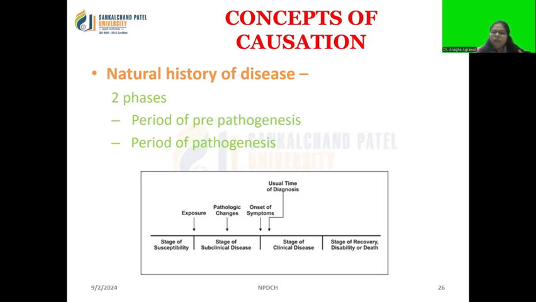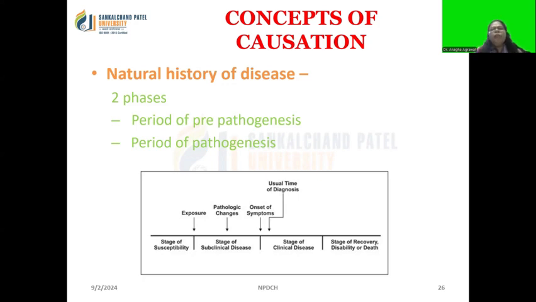Now, why we need to learn all this? Okay, so if you know the complete natural history of disease, that means from where the disease has started, what is the agent, how much time that agent needs to interact with that particular host, how it enters the body of the host, and how it multiplies, and ultimately what kind of a disease it causes, and what is the prognosis of the disease.